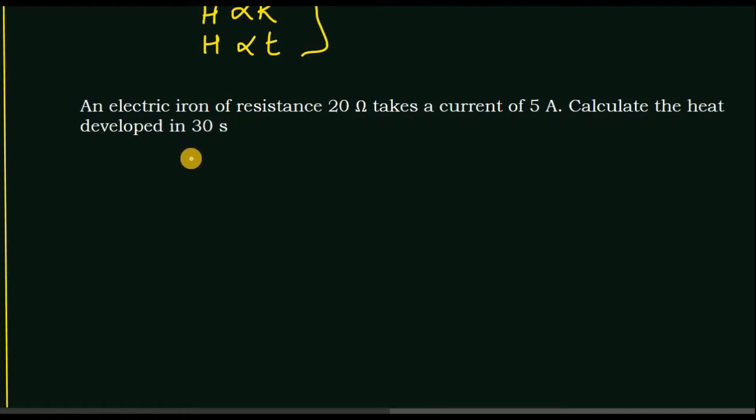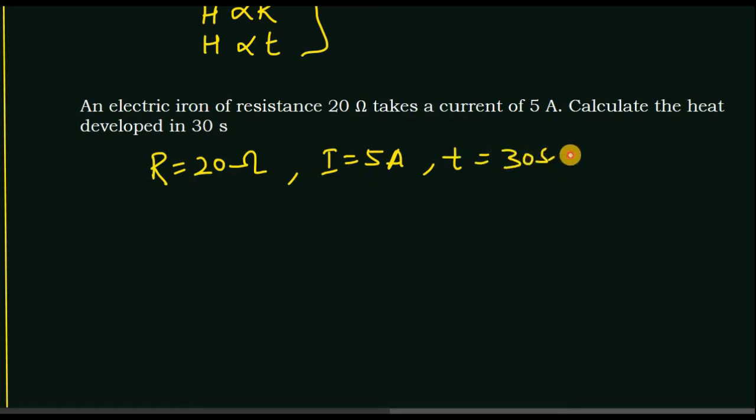R, resistance, is 20 ohm. I, current, equals 5 ampere. Time is 30 seconds, and we have to find the heat developed, H.